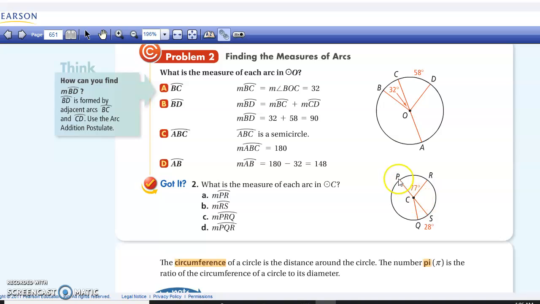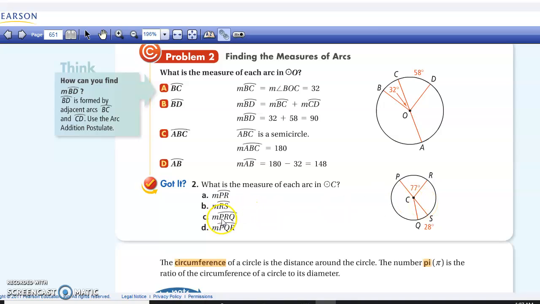We know that this distance here is a diameter. It is the way that the book is showing. That means that in all of PRS, we have 180. Then to find RS will be 180 minus 77. The total will be 103. Remember, 180 minus 77 is 103, the measure that we have.